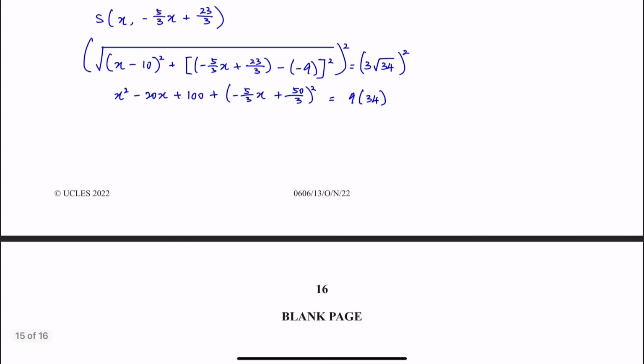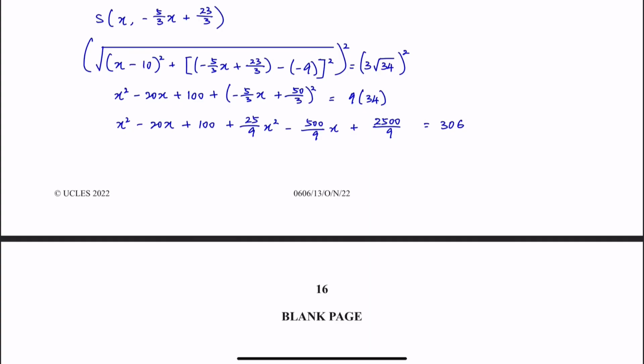So we have x squared minus 20x plus 100 plus 25 over 9 x squared minus 500 over 9 x plus 2500 over 9 equals 306.